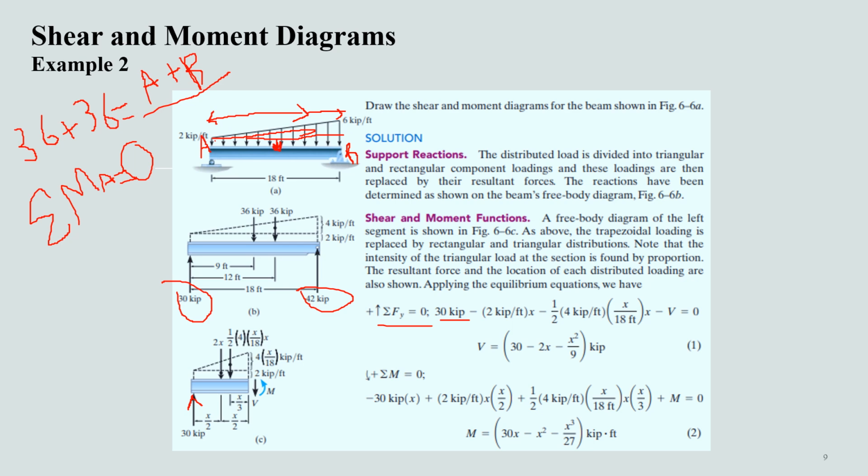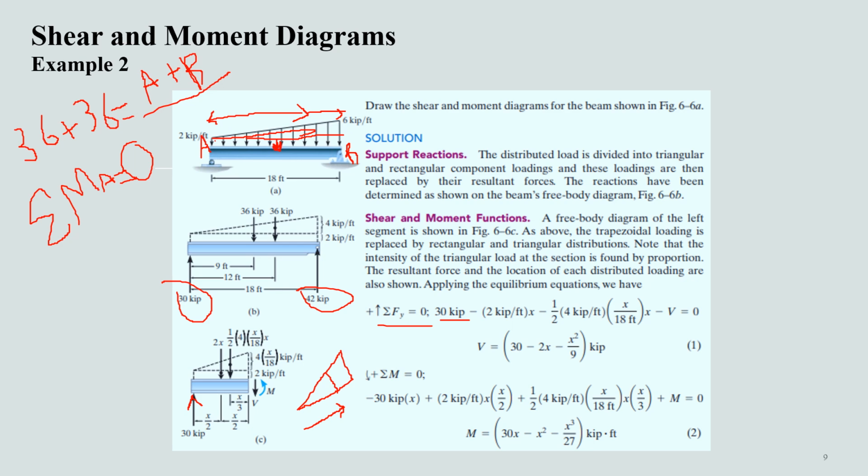Then we have a minus 2x. 2x means that the uniformly distributed load 2 is multiplied by the length of this segment, minus 2x, and then we have the uniformly varying load, and for it we will have to use the principle of similar triangles to determine its intensity at a location x.